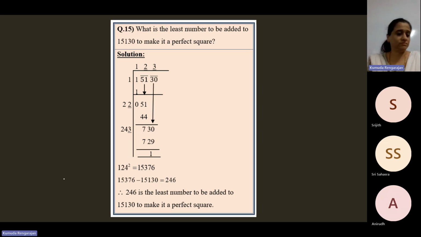Check your steps and complete it like this. The successor of the quotient is 124. Find the square of 124. You'll have to actually multiply 124 into 124 and get the correct product. And that number minus the given number, 246. That is the least number to be added.